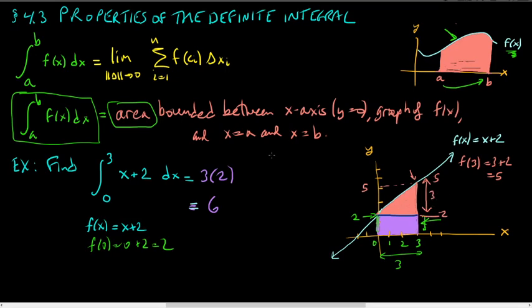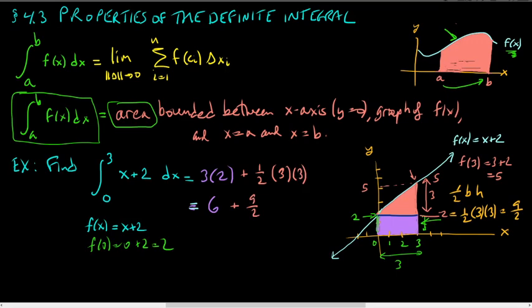Remember for a triangle, you have 1/2 the base times the height. If the base is 3 and the height is 3, that's going to be 9 divided by 2, or 4.5. So I'll write it again here, 1/2 times 3 times 3, which is just 9 over 2.